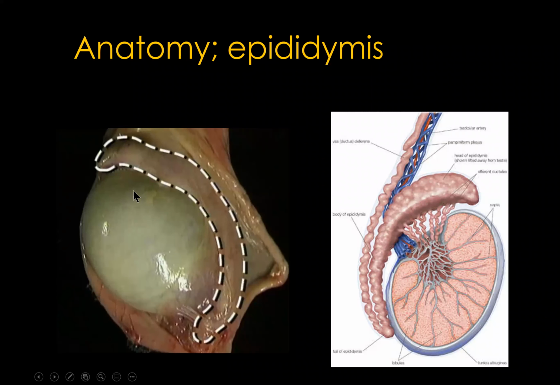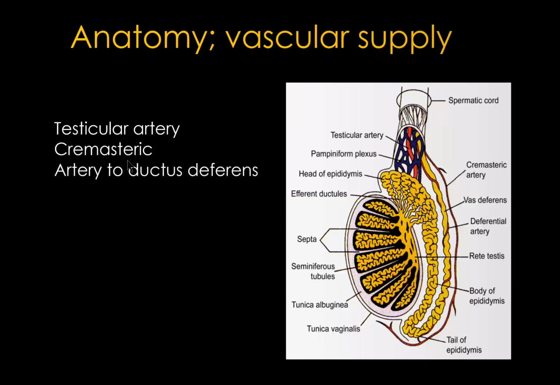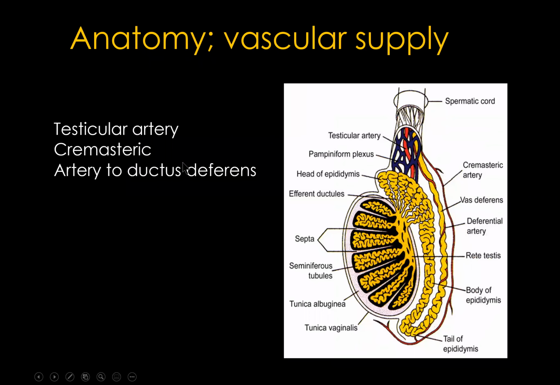The vascular supply of the testis. The arterial supply to the scrotal sac and its contents arises from three sources: the testicular artery, the cremasteric artery, and the artery to the ductus deferens.